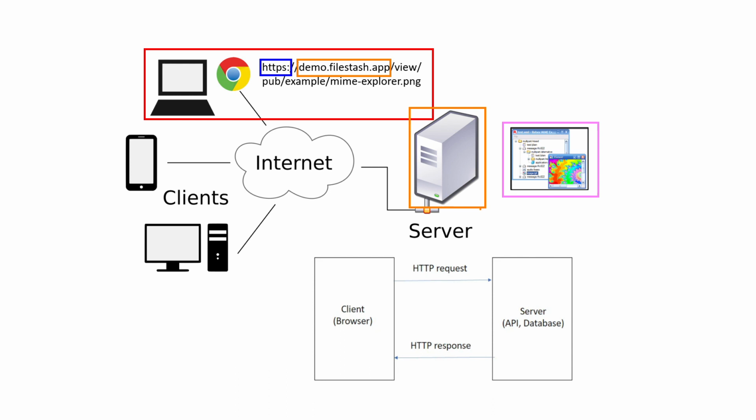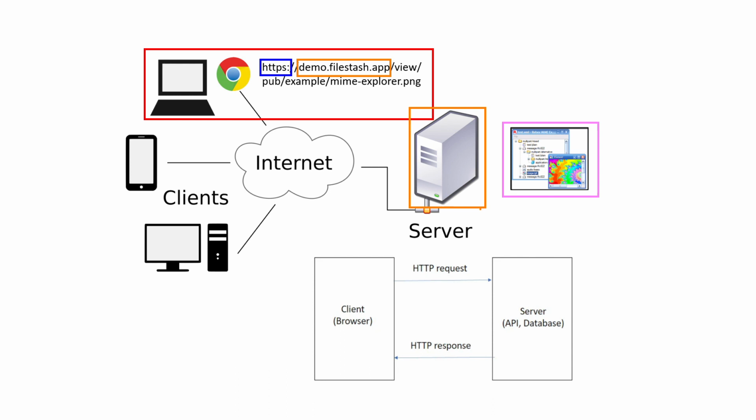So this thing called demo.filestash.app, that name that is associated with the server, is going to be resolved or converted to an IP address that is associated with the server. So that's a key distinction to be made as you think about what is happening in this example.